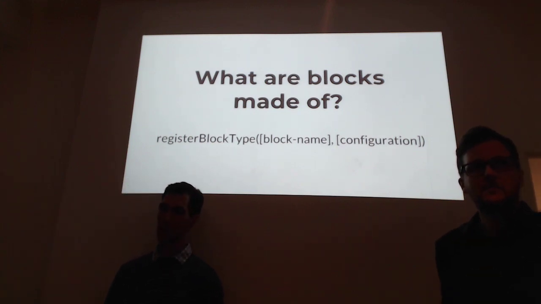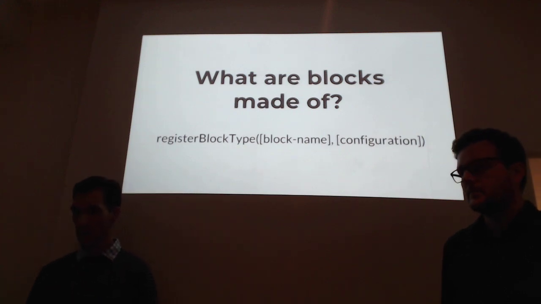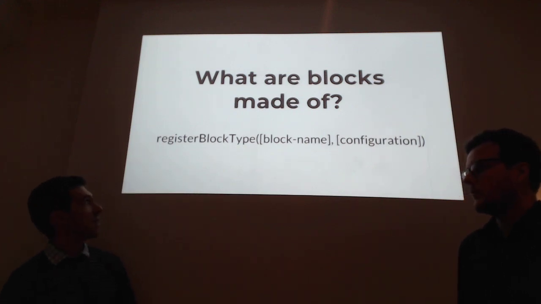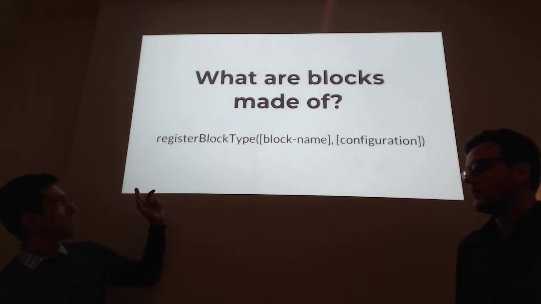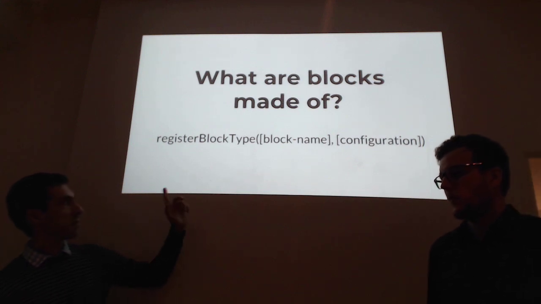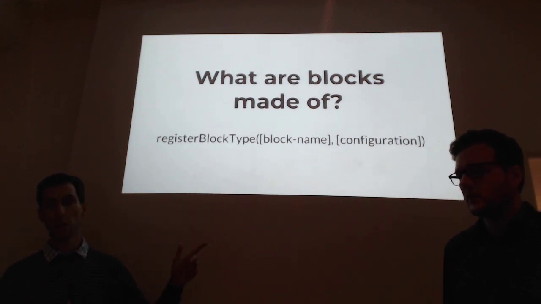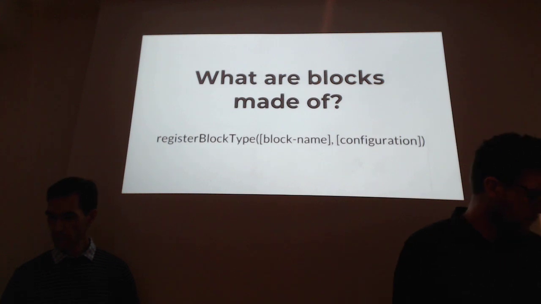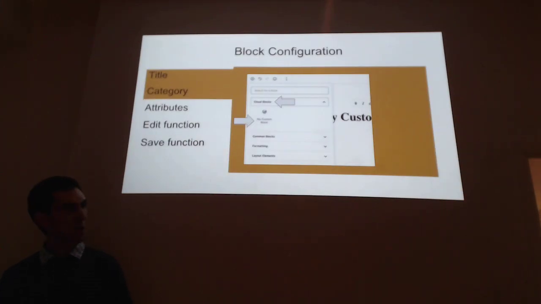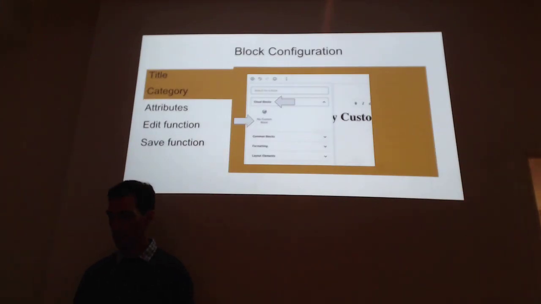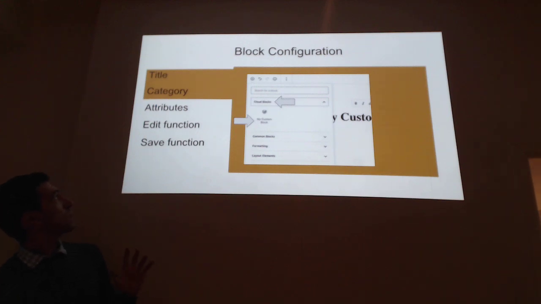Okay, so blocks are the fundamental elements of the Gutenberg editor. Every block starts by registering a new block definition. There's a function, registerBlockType, that takes these parameters: a block name and a configuration object. Just a quick look at this configuration object. It's set by a few properties, like the title and category, which are pretty self-explanatory.